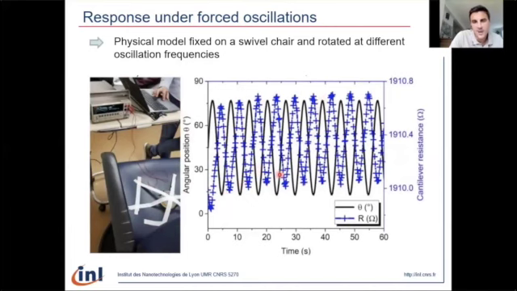Here on the right, I have presented the angular position of the chair that is oscillating over time, next to the cantilever resistance. We have tested the response of the system under forced oscillation at 3 different frequencies that are specific frequencies of the vestibular system. And from this experiment, we could validate that our system properly responds to the medium vestibular frequencies.